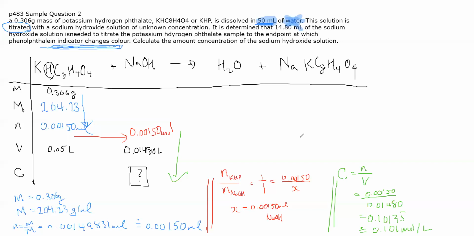So the concentration of sodium hydroxide is 0.101 moles per liter. That is stoichiometry for acids and bases.